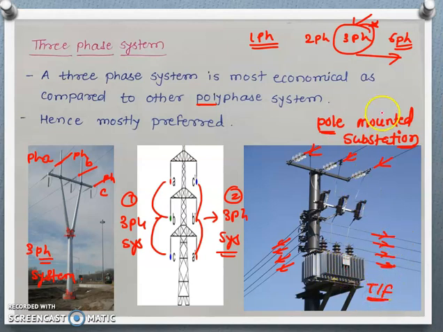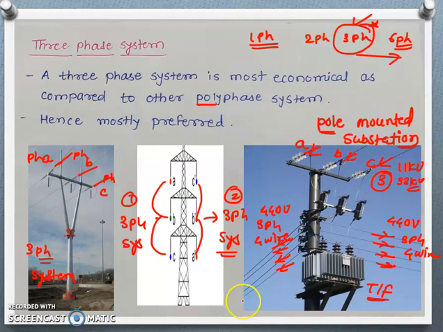This is a pole mounted substation where three wires are incoming and the voltage is 11 kV or 33 kV like this, and the outgoing is 440 volt 3-phase 4-wire supply. Here also 440 volt 3-phase 4-wire supply. The incoming are 3, suppose A phase, B phase and C phase.